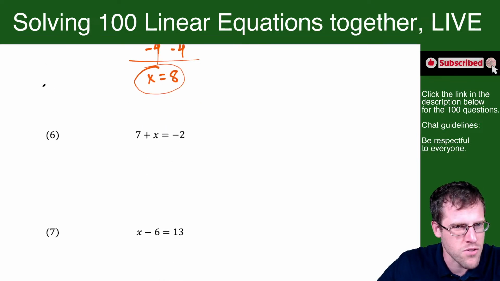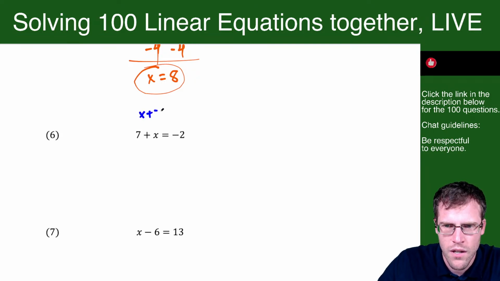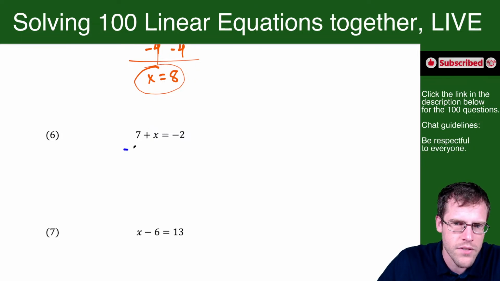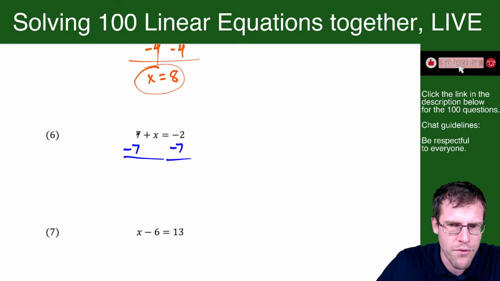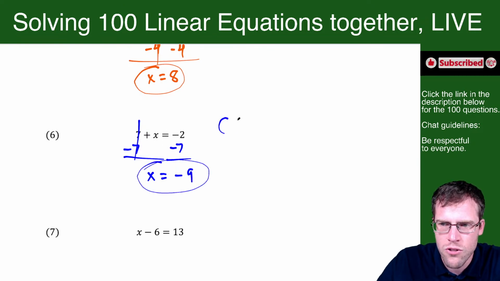Now, this sometimes throws students off. Let's say instead of x plus 7 equals, we have something like 7 plus x equals. In a situation like this, just know the opposite of positive 7 is negative 7. So you do minus 7 on both sides. And it's still going to have the same effect. 7 minus 7 is going to cancel. And you're going to have plus x, or just x, is equal to negative 2 minus 7, which is negative 9. Now, some students struggle with the integer part of things.